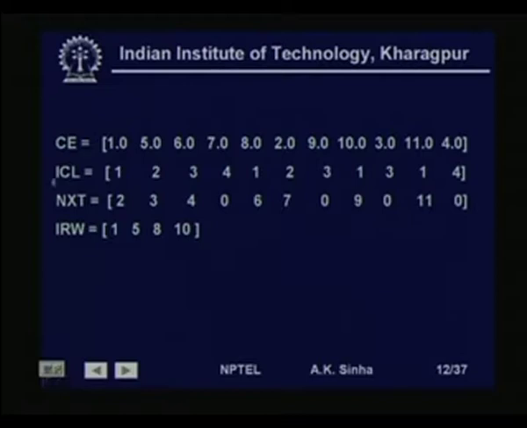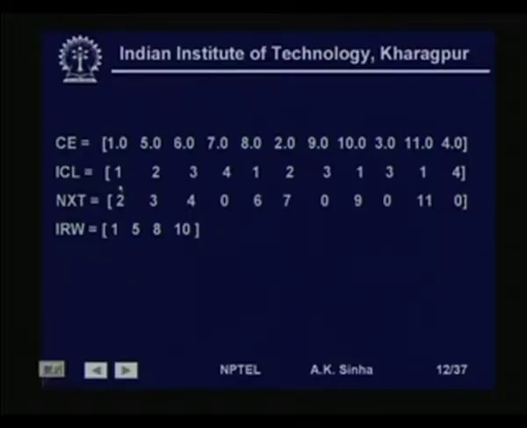We have another array, again an array of integer numbers, which is of the same size as the number of non-zero elements, and this is a very interesting array. What we do in this array is indicate the column number or the serial number of the next element in the same row.